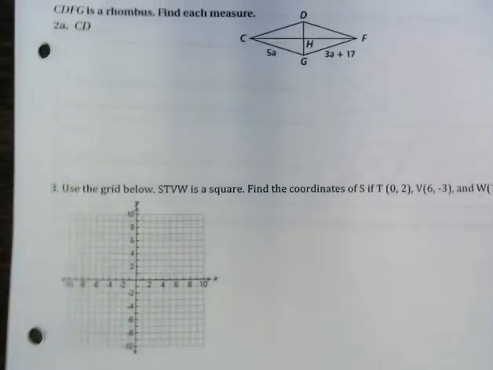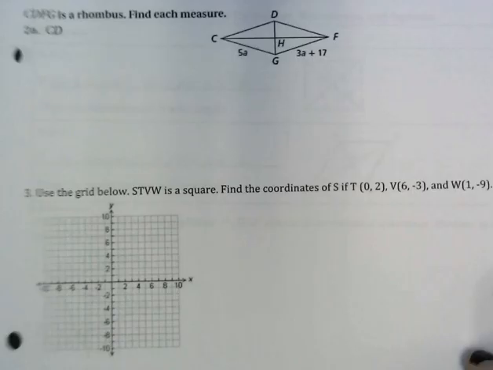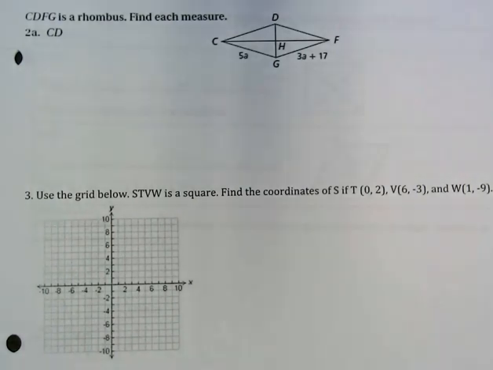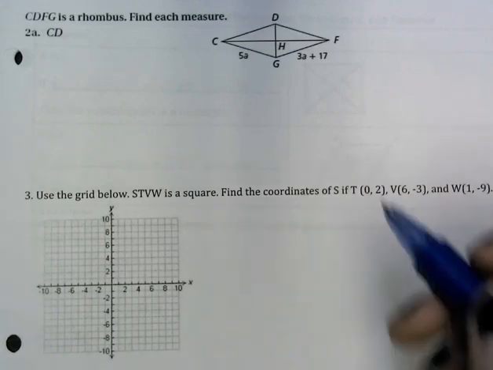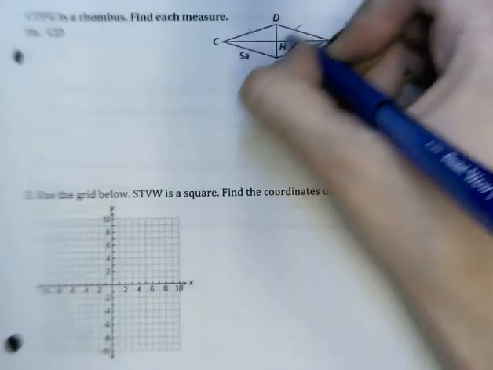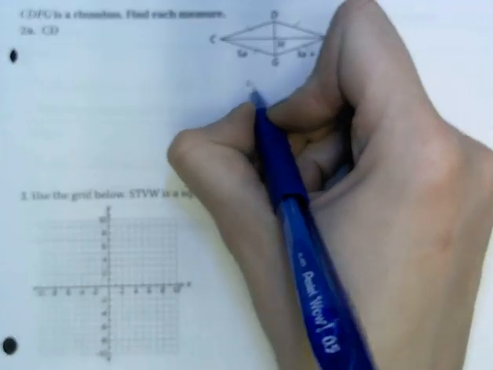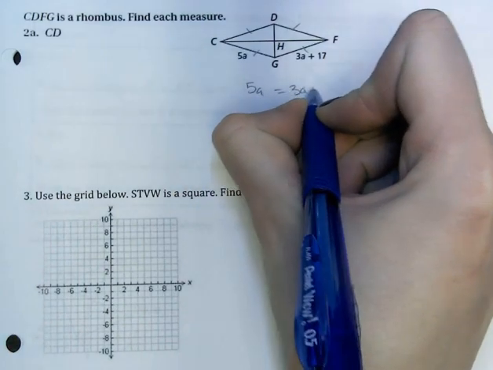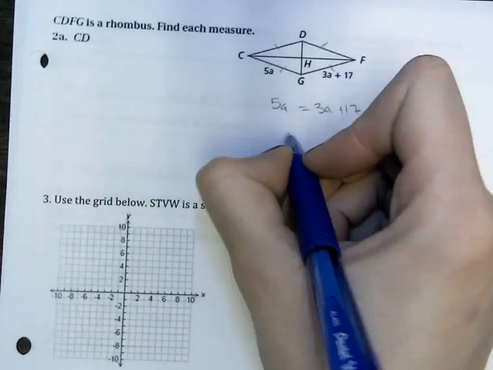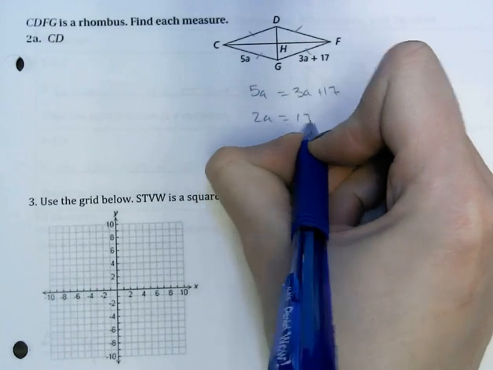Okay, let's look at this problem. Now we're dealing with a rhombus. Remember, all rhombuses are parallelograms. They have 4 congruent sides and their diagonals are perpendicular. If all the sides are the same, that means that 5a has to equal 3a plus 17. So I can subtract 3a, and I get 2a equals 17.